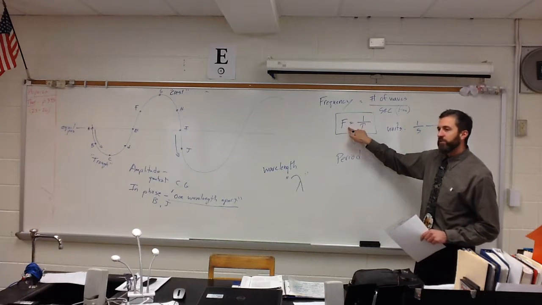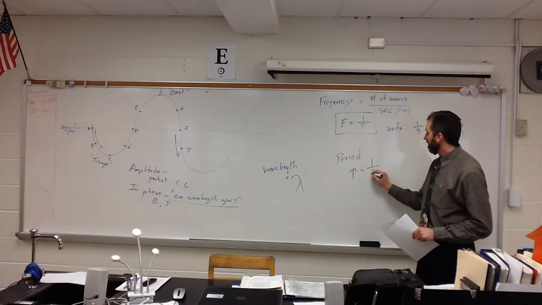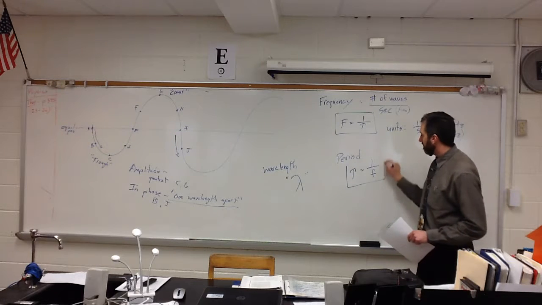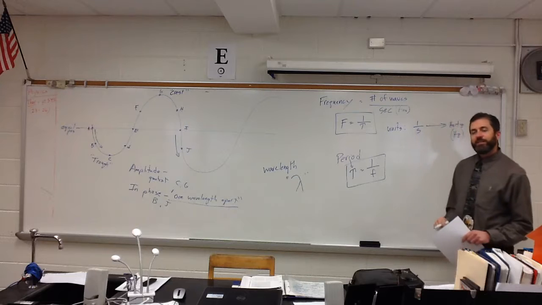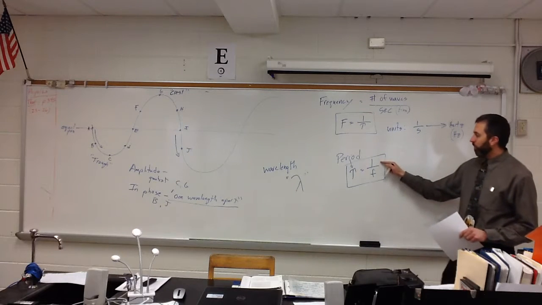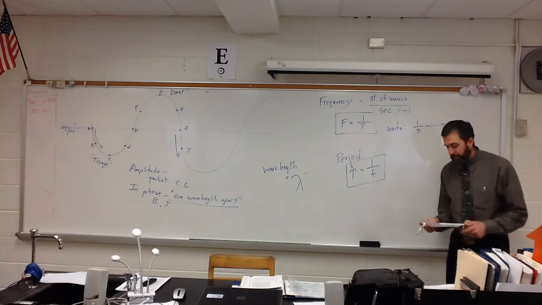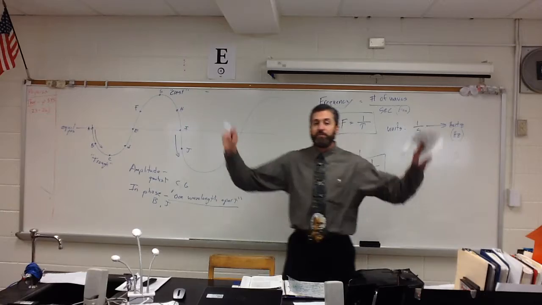If you take this equation and rearrange it this way, so tau is 1 over f. Tau is the period. Tau is the time it takes. So if you take 1 over the frequency, you will get the period, or the time it takes for one wave to go by. So for today, that's the basics of waves, physics.